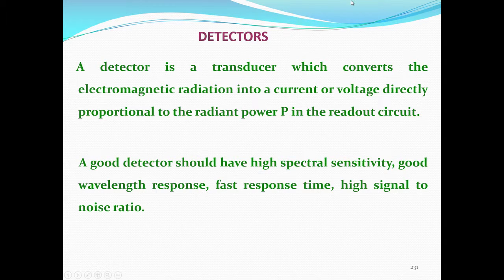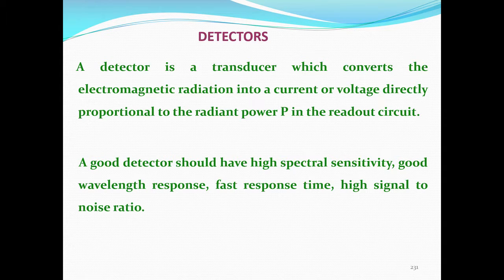Basically, it converts the electromagnetic radiation that is falling on the detector, the transducer, into current or voltage. So, what are the qualities of a good detector? It should have high spectral sensitivity, responding to a very small change in wavelength.